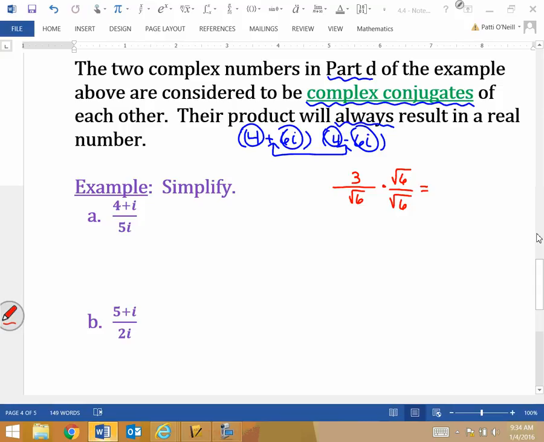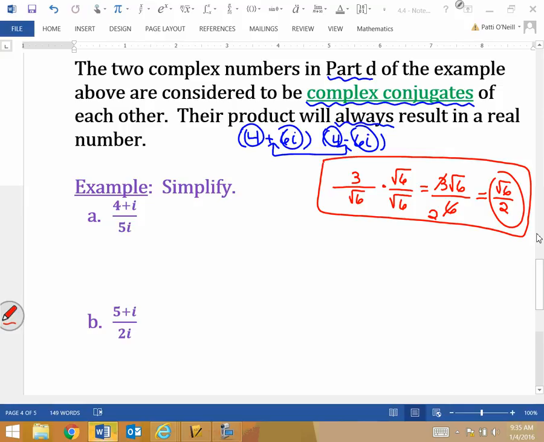So your final answer would be 3 radical 6 over 6, which would then reduce to radical 6 over 2. So we're not allowed, remember, to leave radicals in the denominator. This is an example of a concrete real number approach to things that you've done in the past. Now we're going to translate this idea over to the complex number system and working with imaginary numbers.